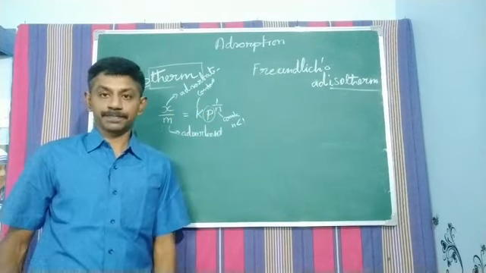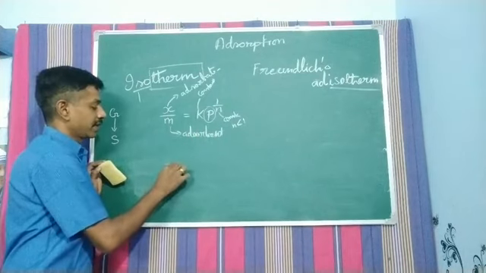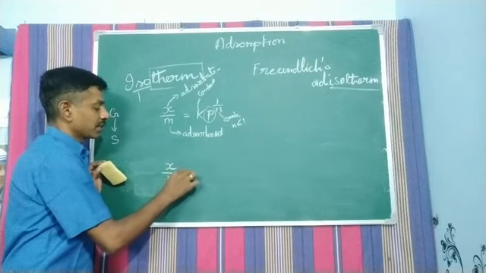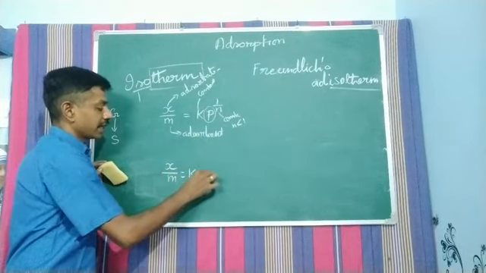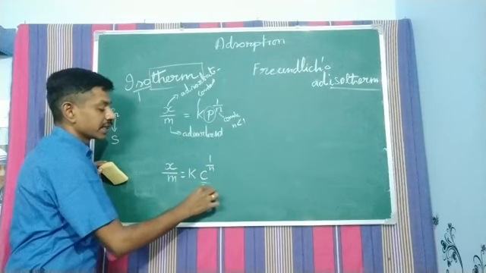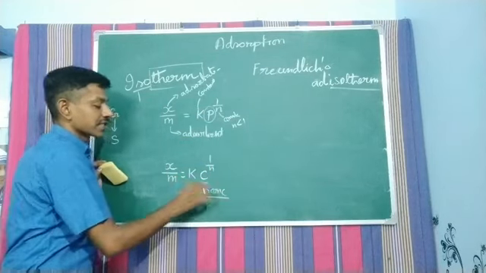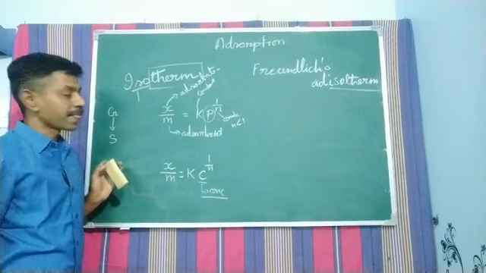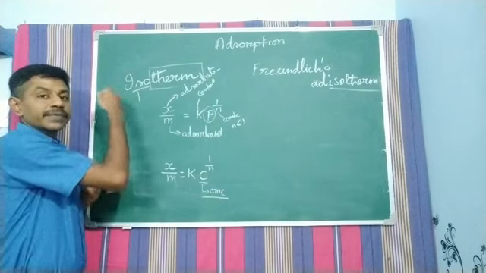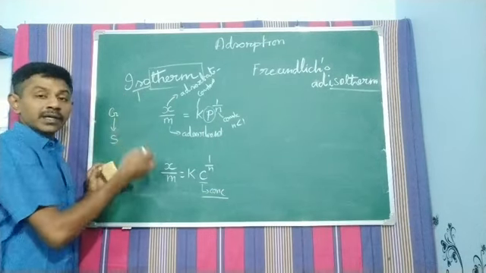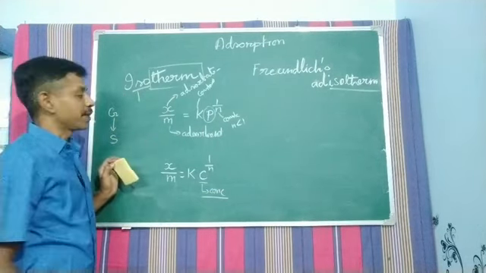In case it is a solution, then he changes the expression this way: x by m is equal to K into C to the power 1 by n. Here he was talking about pressure; since it is a solution, here he is talking about the concentration. So let us take only this, that is, gaseous adsorbate fixing onto the surface of the solid adsorbent.